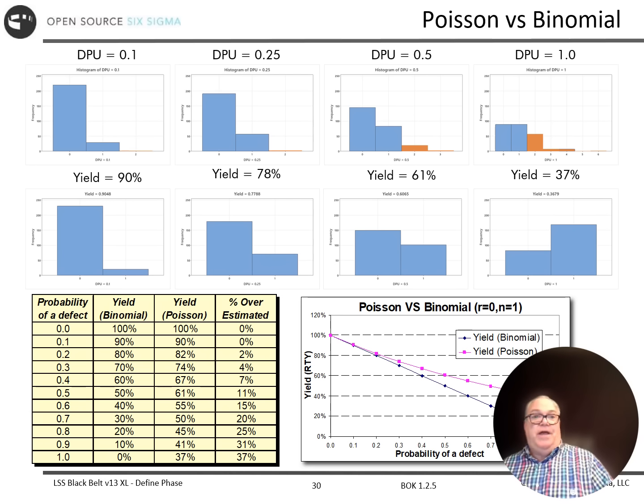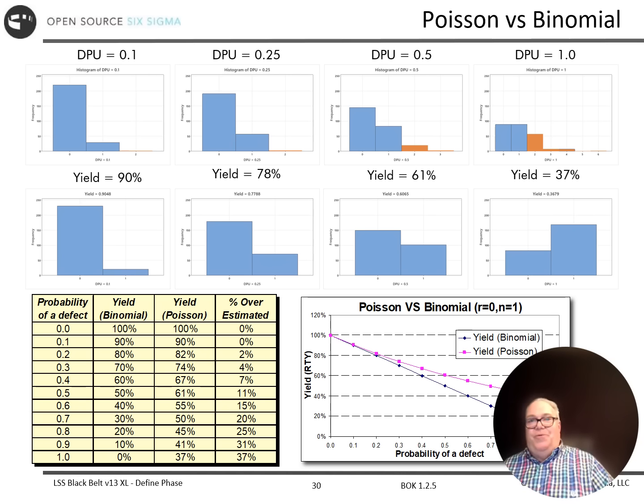Now, for low levels, those two distributions look the same. There's only this little sliver where I've actually got 2 defects per unit, and at about the 10% range, it's not enough to make any difference. So you can see the two distributions, until you're hitting 20-25%, really are giving you the same answer.